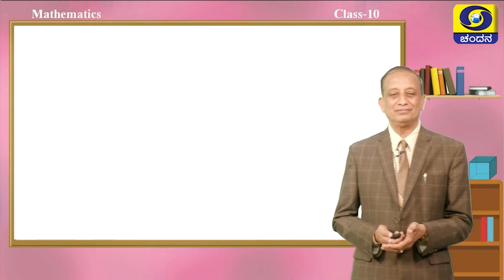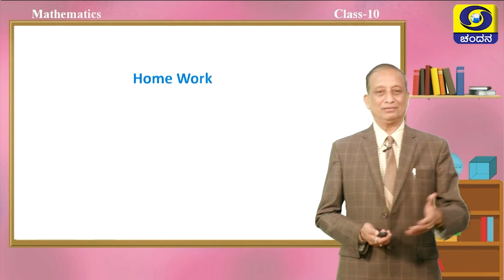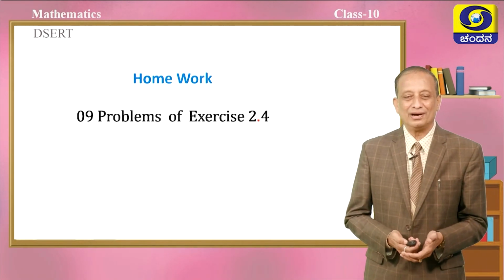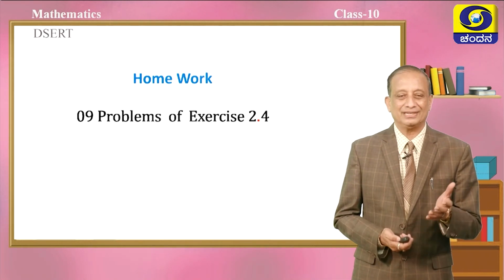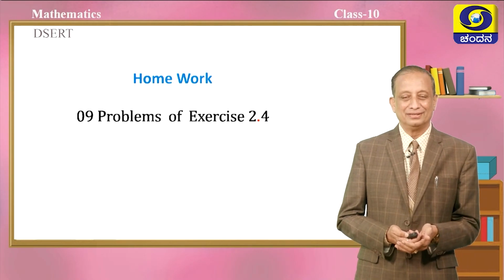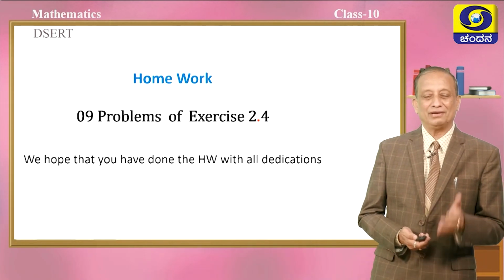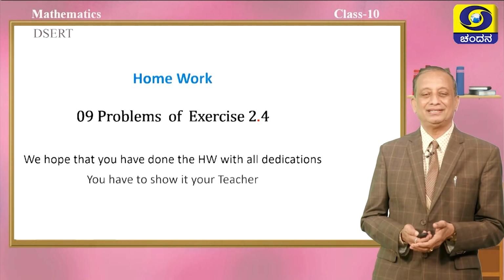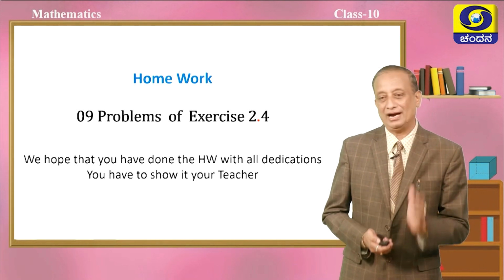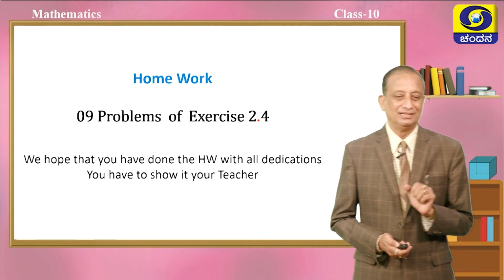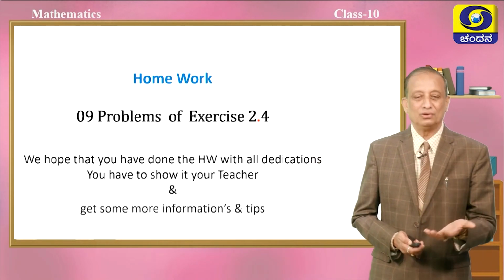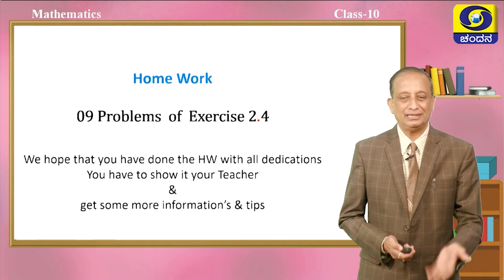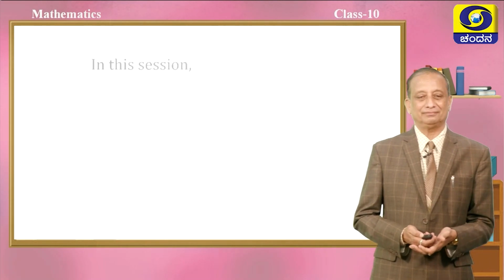Can you recall them, children? What was the homework? The homework was exercise 2.4, which has 9 problems. Hope that you have done the homework with all dedication and sincerity, and you have to show it to your teacher, children, so that you will get some more information and tips from your teachers.